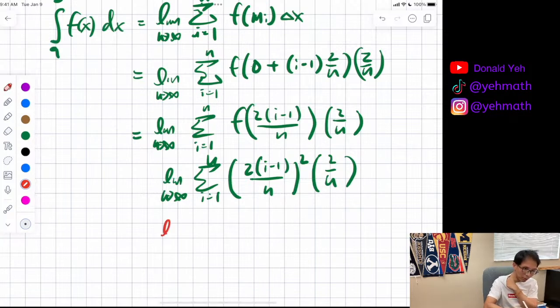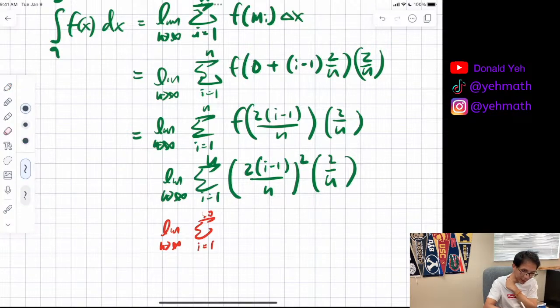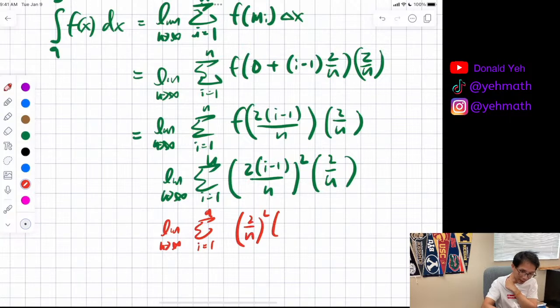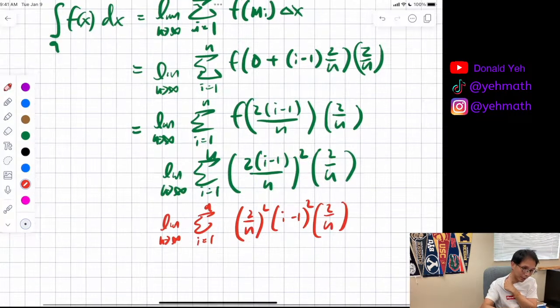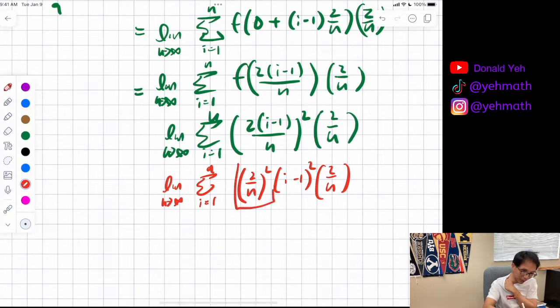I'm sorry. Yeah. So if you do the limit as n approaches infinity, maybe I can write it out a little bit better. I can just say it's 2 over n to the second times i minus 1 squared times 2 over n. And maybe that's a little bit better, because you can see that it's obviously this part, which is 4 over n squared times 2 over n.